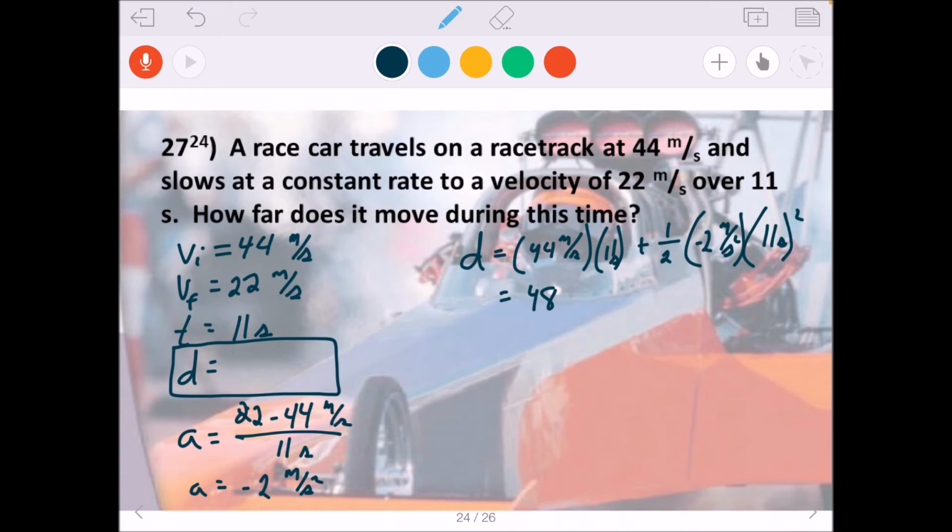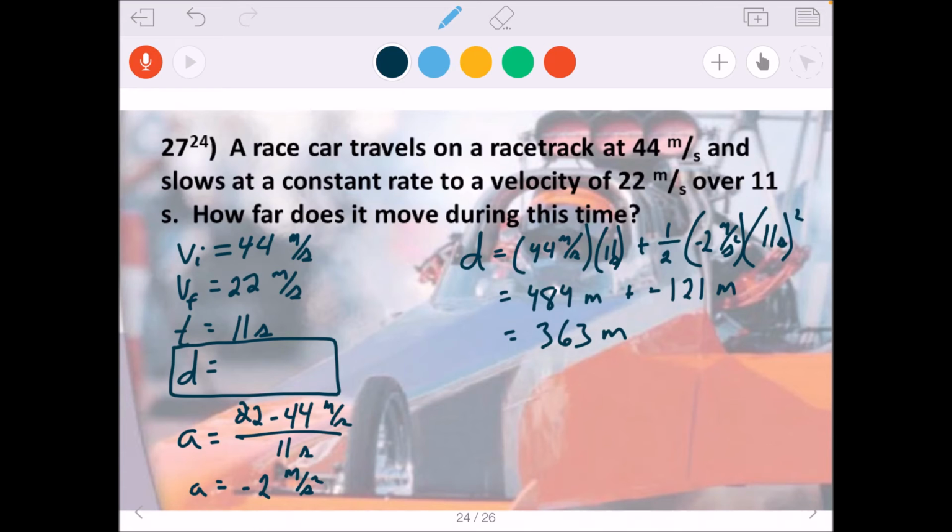So I have 484 meters. When I multiply that out, this gives me a negative 121 meters. So that gives me a total of 363 meters.